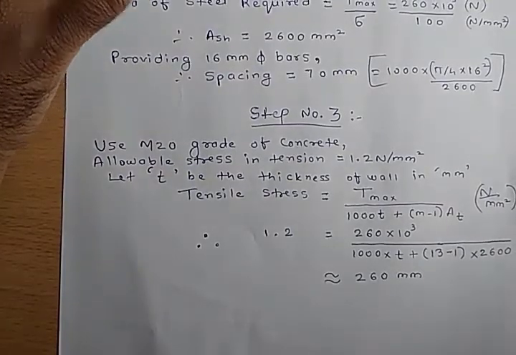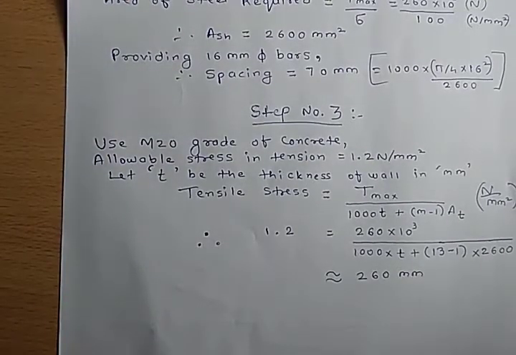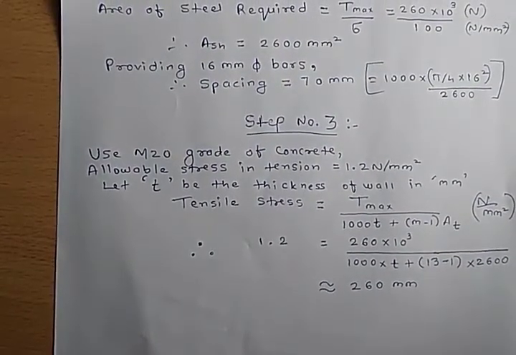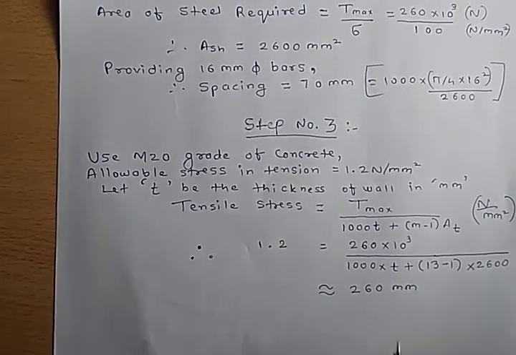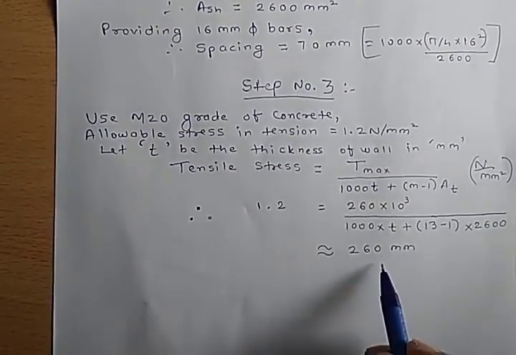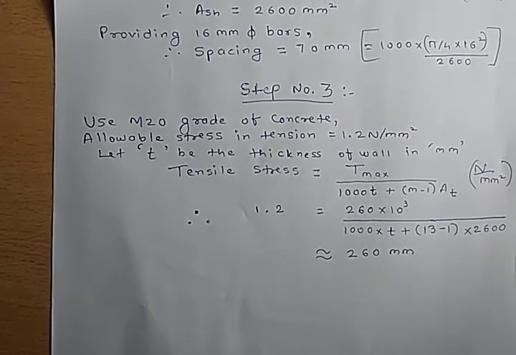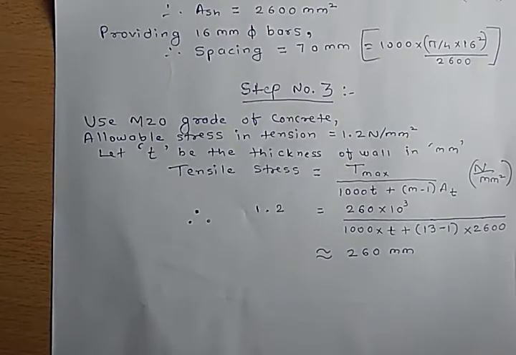Now once we got the thickness, the next part would be to calculate the area of the steel required for the vertical reinforcement. Since the thickness is more than 250 mm, we have to use the hoop reinforcement on both the faces.